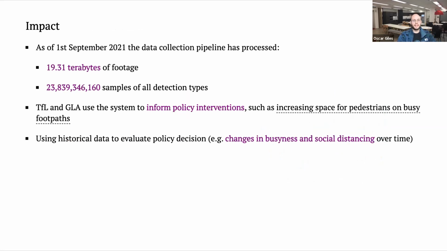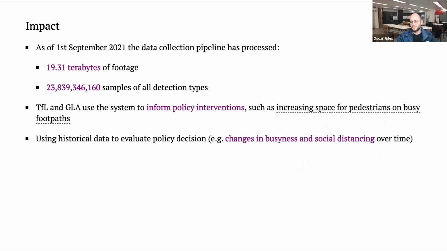So in terms of impact, as of the start of September, we'd processed about 19 terabytes of footage. We've identified about 24 billion objects in these samples. Transport for London and the Greater London Authority have been using this system to inform policy interventions, such as increasing space for pedestrians on busy footpaths.